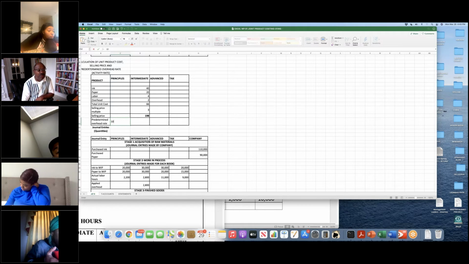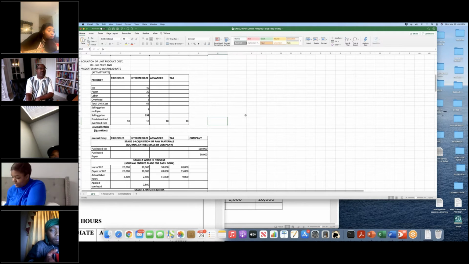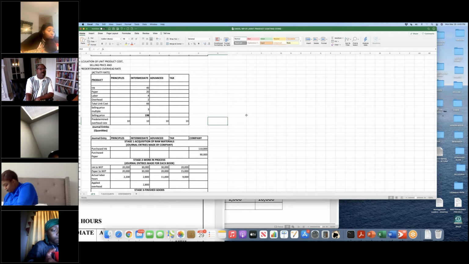I was going to try to see if I could paste it all the way across. So we got one book done. Okay, let's get the rest of the books done. So I want you all using Excel to do Principles, Advanced, and Tax.